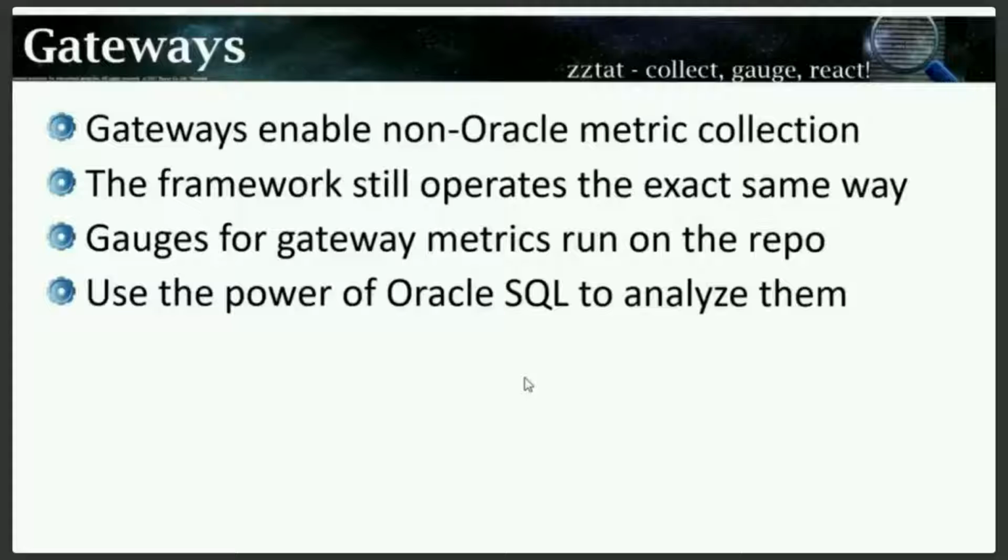So this means that after we have collected our data on a Postgres database or a MySQL database, or even some Python Boto3 call that reads metadata from Amazon's web services, as soon as the data arrives on the repository, the same mechanisms will then trigger, and the exact same code is used to analyze the data with the gauge and then trigger any reactions.